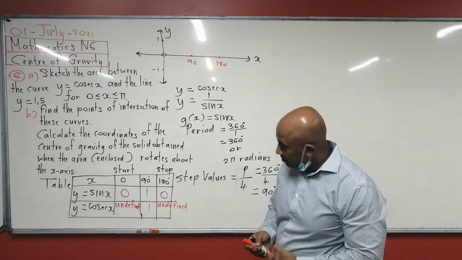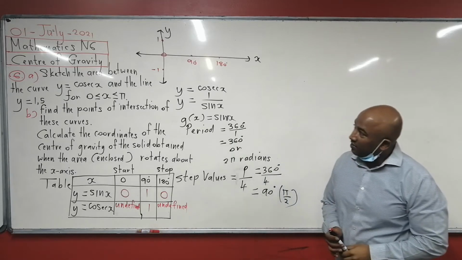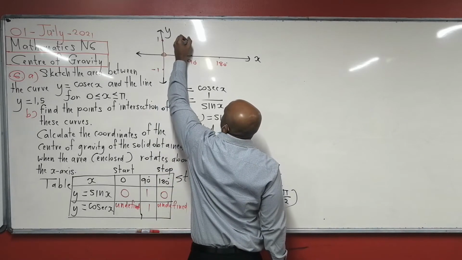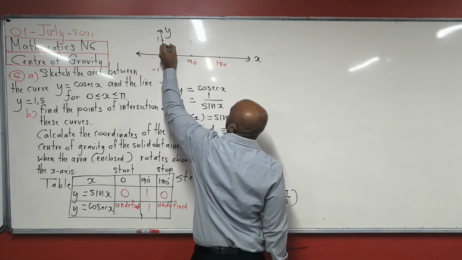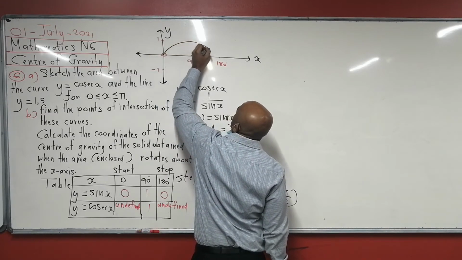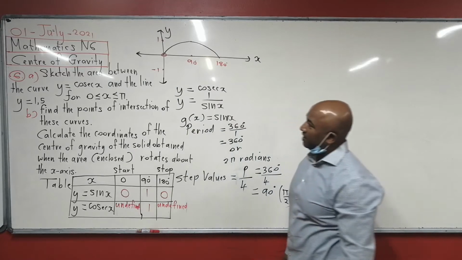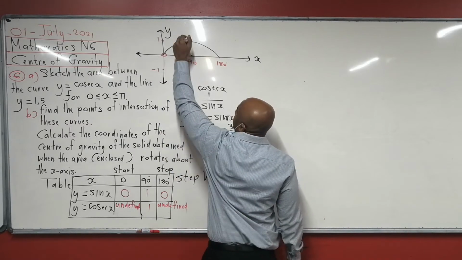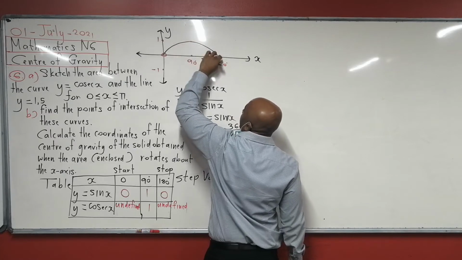Now, the sine graph. Let me show you the sine graph. So this is your sine graph in black. 0, 90, 180. That is your sine graph. Okay, so there's 0, 0. There's 90 and 1 here. 180 and 0.